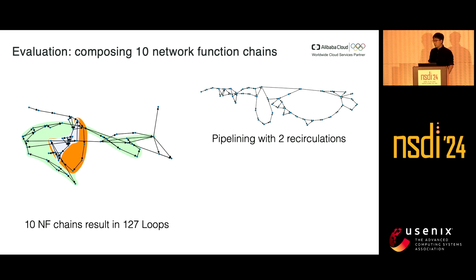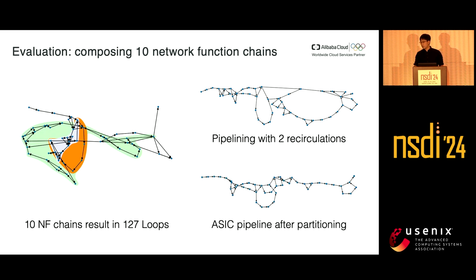Sirius quickly finds a pipelining plan by introducing 2 recirculations. And as expected, this exceeds the memory capacity of the ASIC, so it proposed a partitioning solution after assigning several tables to the CPU. This whole process is done in minutes, while our most experienced developers will take weeks to propose a similar plan.